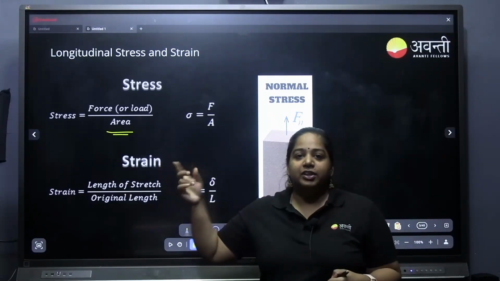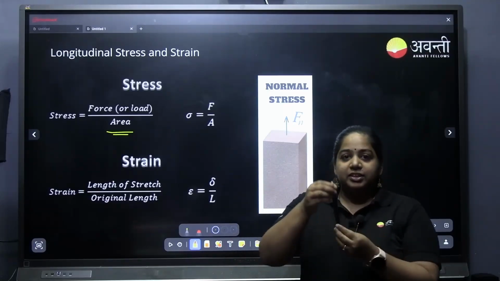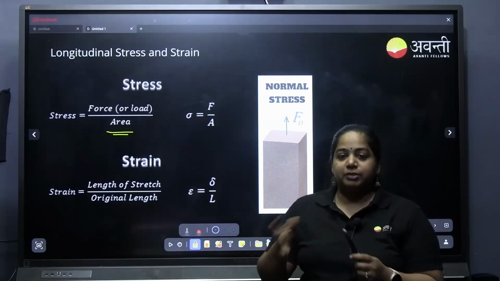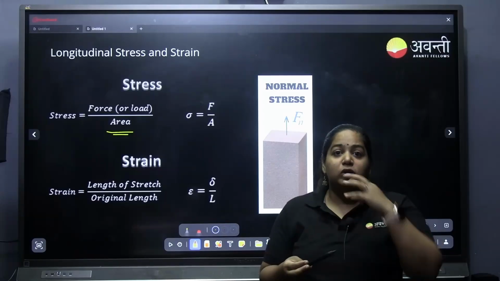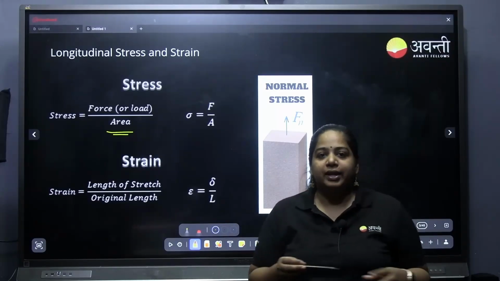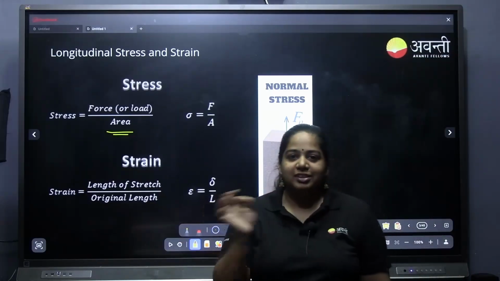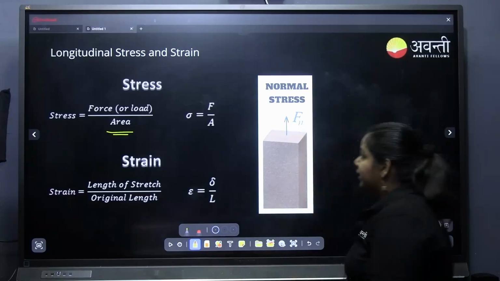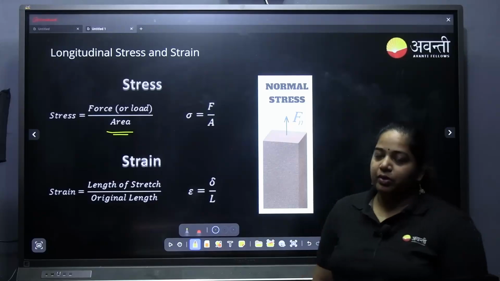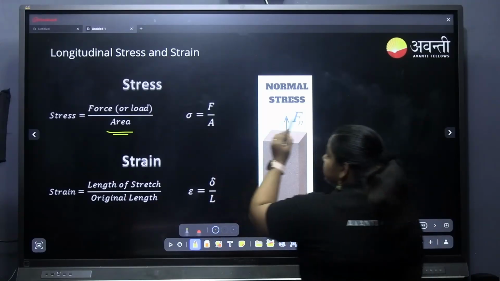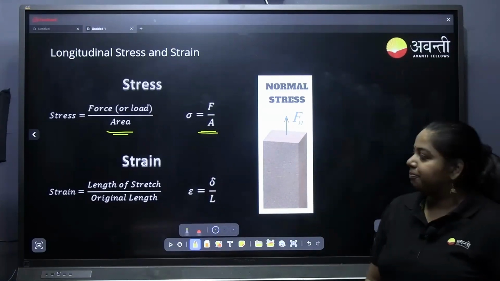First one, longitudinal stress and longitudinal strain, where the force is applied perpendicular to the area, and because of that force, elongation is happening, a lengthwise change. That is why it is called longitudinal stress and longitudinal strain. As you can see here, the force is perpendicular to the area of cross section, so stress will be this external force applied by area of cross section.